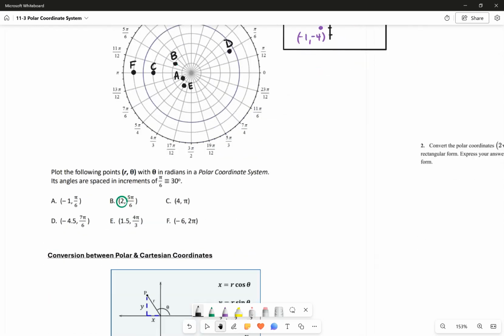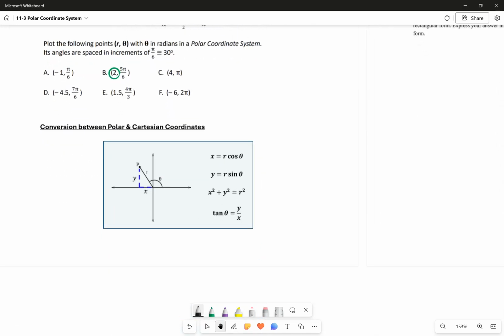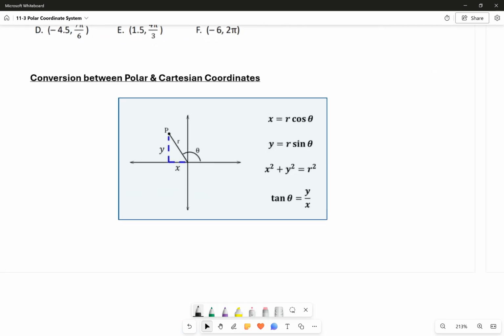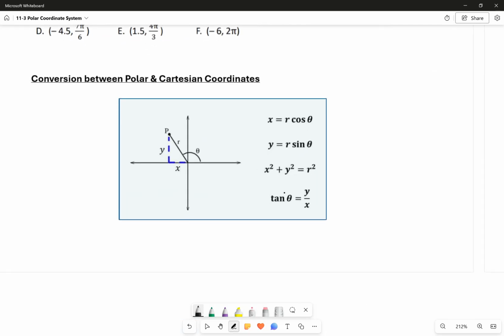So let's move on. Over here, you're going to recognize some formulas, and I do need you to make a little correction. This tangent formula should have a tangent inverse theta, arctan. Tan theta is y over x, so theta is tan inverse of y over x.